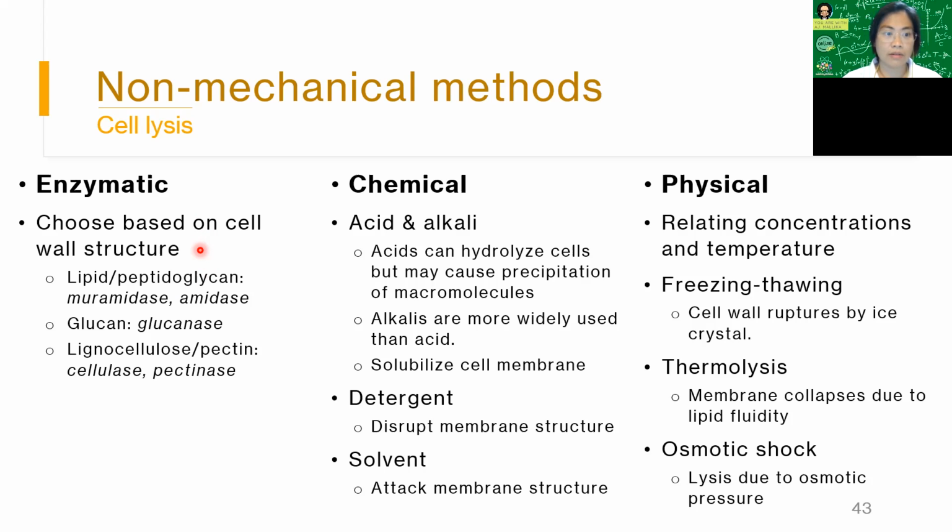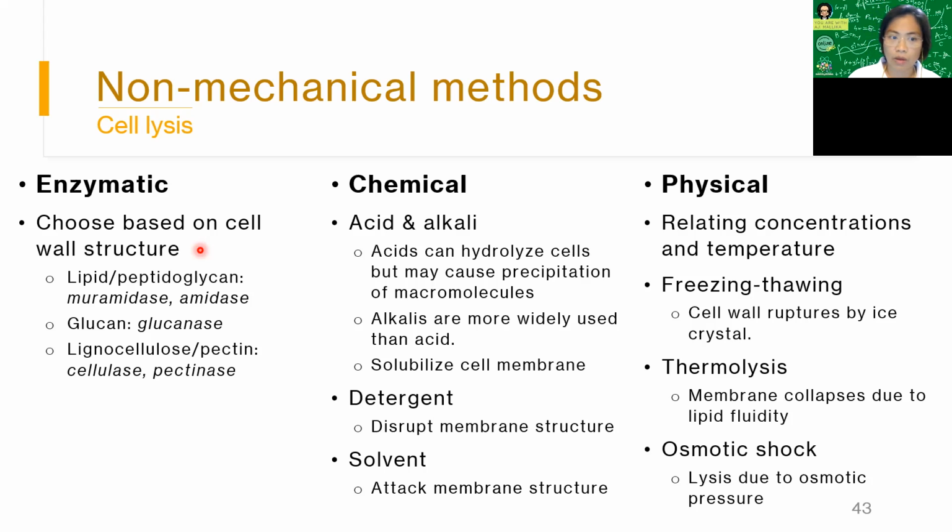Whether it is a lipid or peptidoglycan, that would be for the bacteria. For that type of cell wall, you have to use a certain type of lysis enzyme. In this case, it's muramidase or amidase.